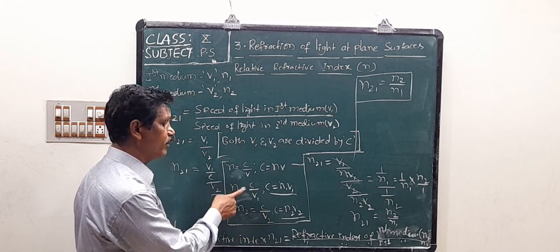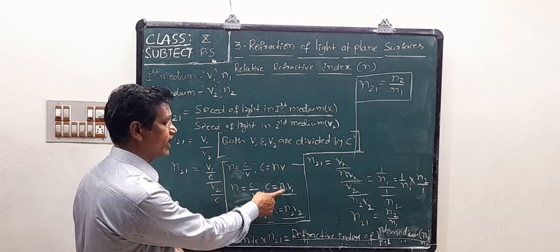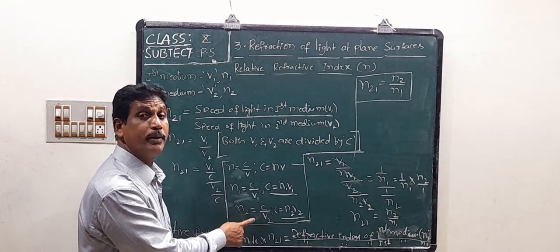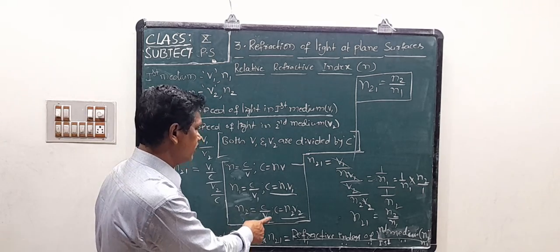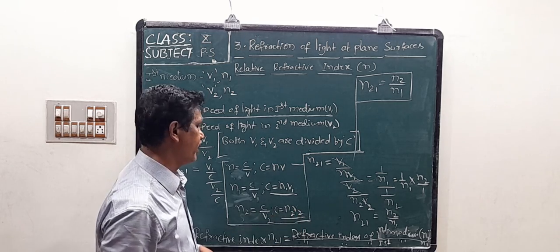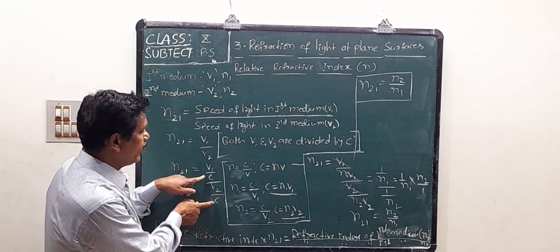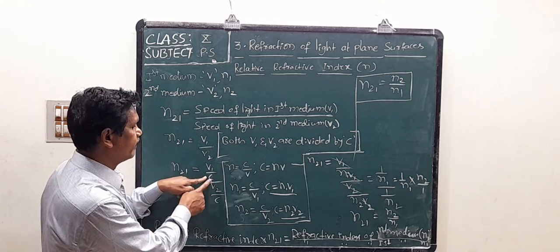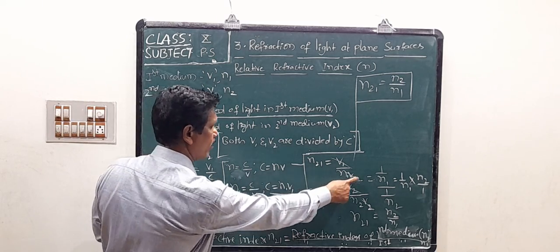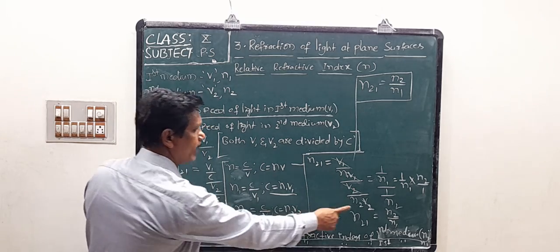The refractive index of the first medium is C by V1, so C equals N1 V1. The refractive index of the second medium is C by V2, where C is the speed of light in vacuum. Therefore C equals N2 V2 in the second medium. So one C is replaced by N1 V1 and the other C is replaced by N2 V2.